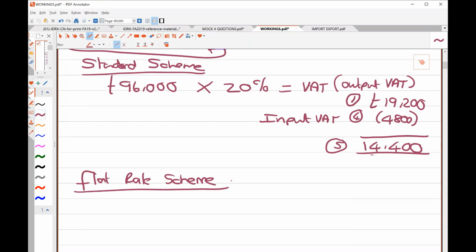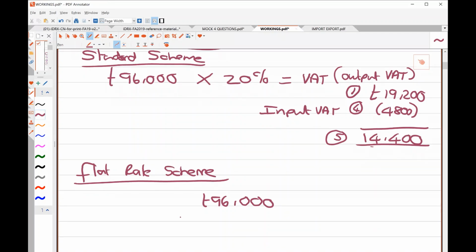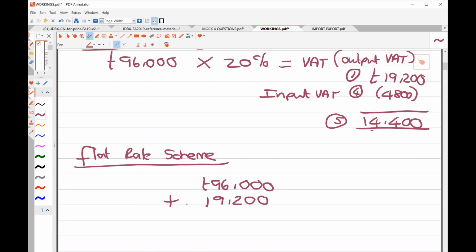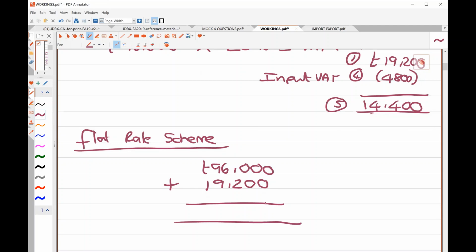So in other words, it would take the £96,000 and the £19,200 and add them together. So that's your total taxable supplies, and I think it comes to 115,200.